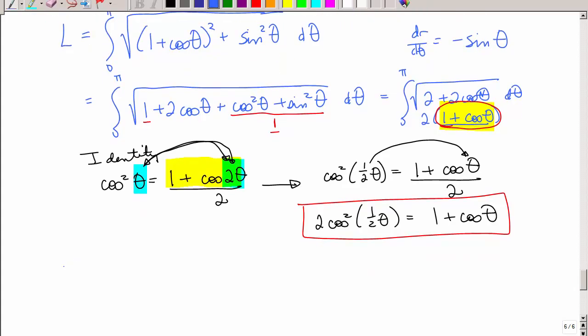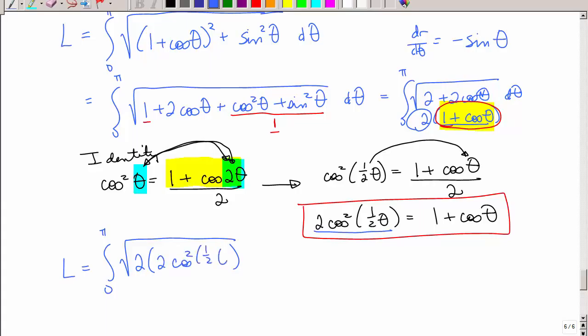That's what I'm going to use to substitute in. Let's see if that's going to help me out at all. So my arc length from 0 to pi is the square root of 2, because remember I factored out the 2, and in place of 1 plus cosine theta, I'm going to substitute in this, 2 cosine squared of half theta. Okay, I've got squares.